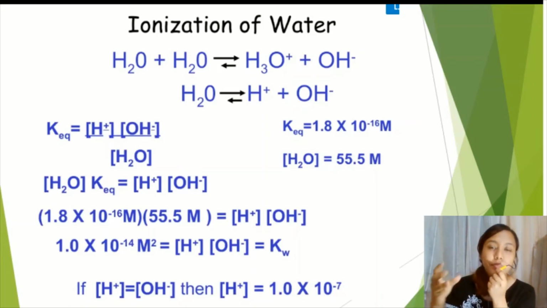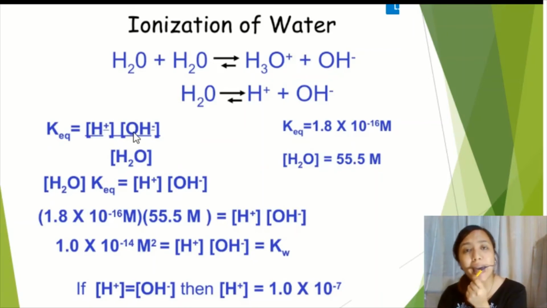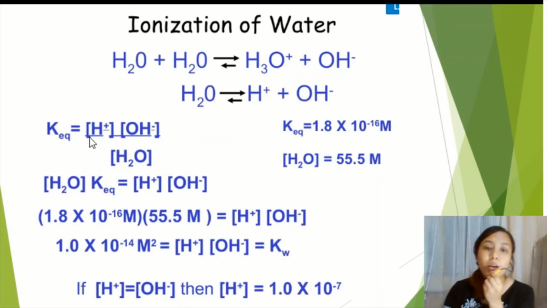So when you are solving for equilibrium constants, what we usually do is multiply the products here: hydrogen multiplied by your hydroxyl concentration. This is the generic formula, guys. So, hydrogen multiplied by your hydroxyl ion over the H2O, which is your reactant.